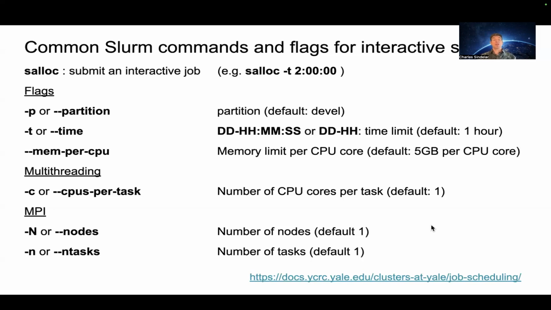For MPI parallel applications, the relevant options are --nodes, which is the number of compute nodes you would like your job to run on. By increasing this, you increase the possible number of what are called tasks in the MPI application that can be run. And then you can also explicitly set the number of tasks you would like for your job with the --ntasks option.